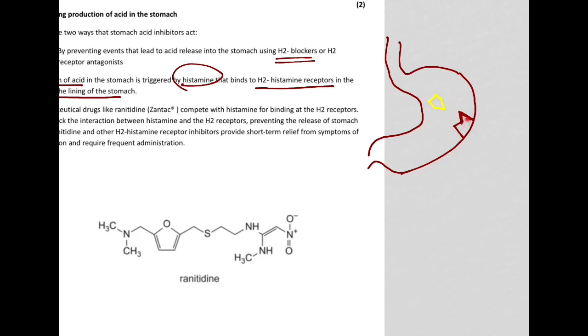So this is a histamine receptor and this is histamine. So the histamine will bind to the histamine receptor and then it's going to secrete acid. There's another cell in the lining of the stomach that will secrete acid. Let's say it looks like this.